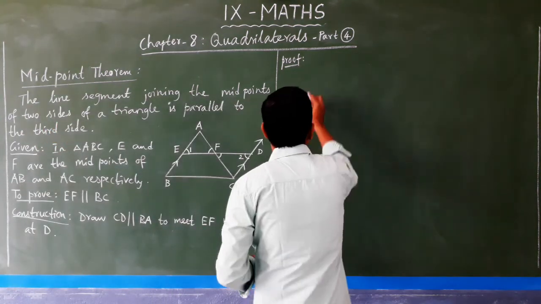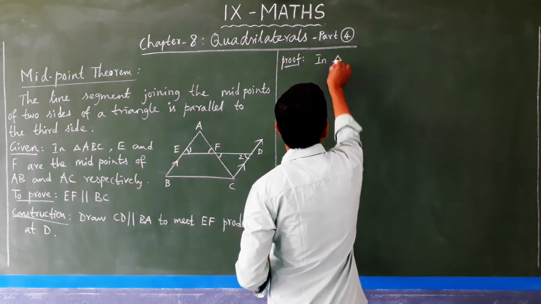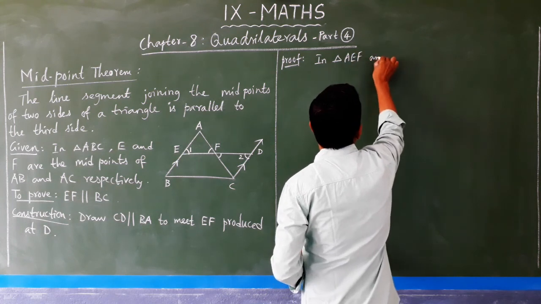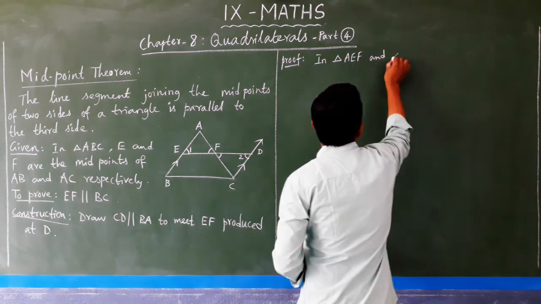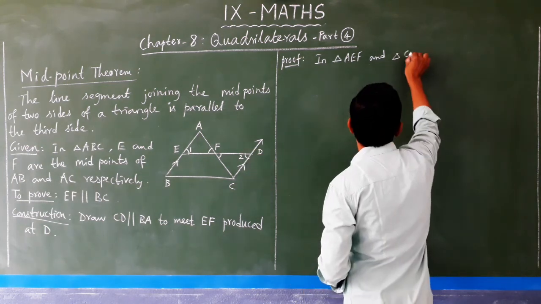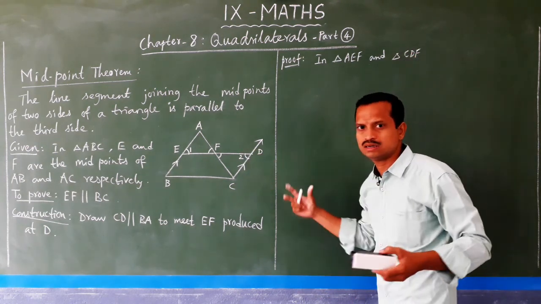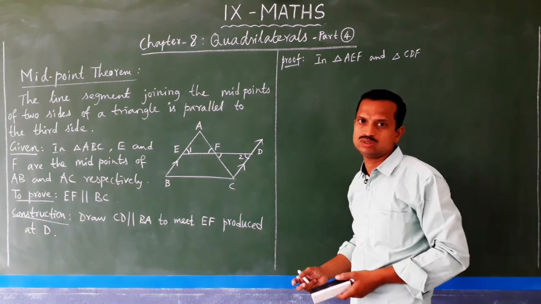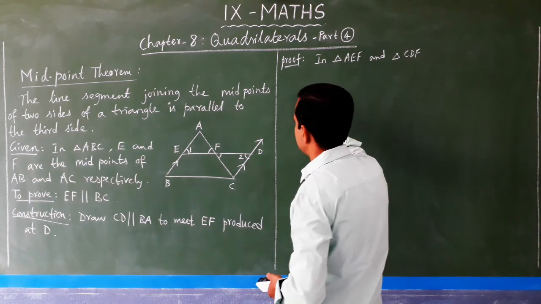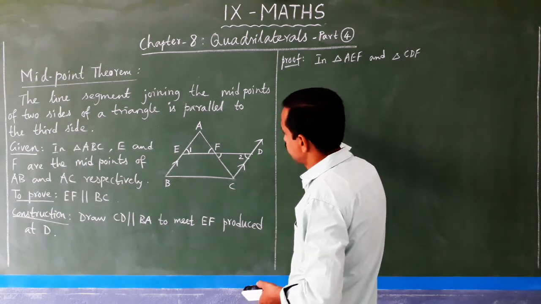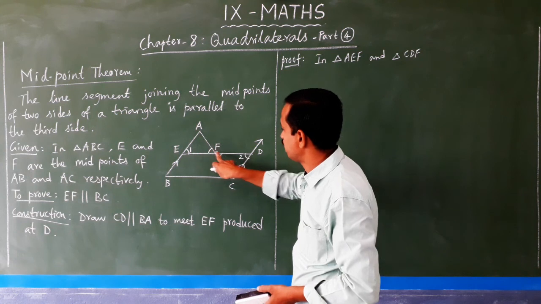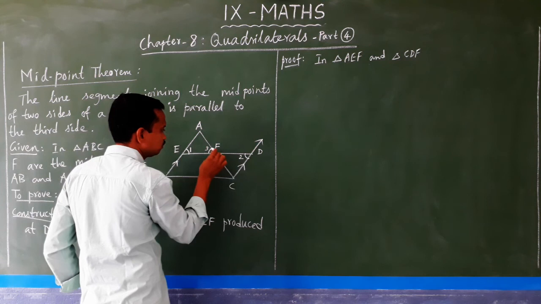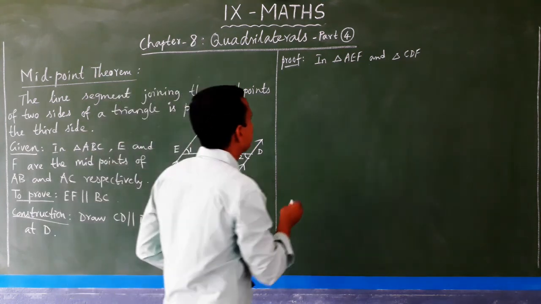Okay. So in the proof part I am taking triangle AEF and triangle CDF. Finally we can easily see why we are going to prove these two triangles congruent. In these two triangles, these two angles are vertically opposite angles, so we name them angle 3 and angle 4.